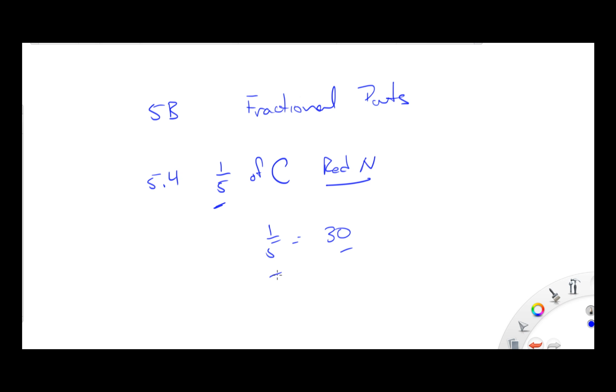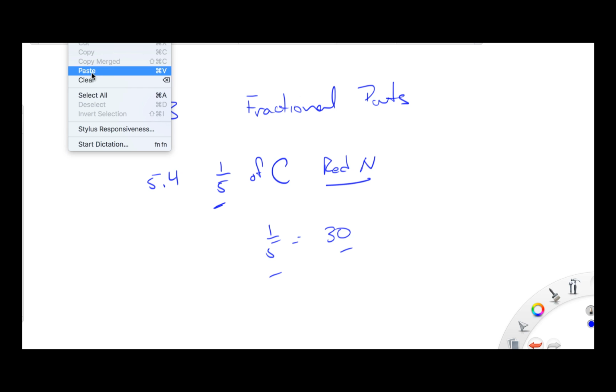Okay, so we can set this up with an equation. So if we write the statement 1/5 of clowns is 30, we would write 1/5, not 1/3, 1/5 of, or times, the word of equals times clowns equals 30. What we don't know is the total number of clowns.